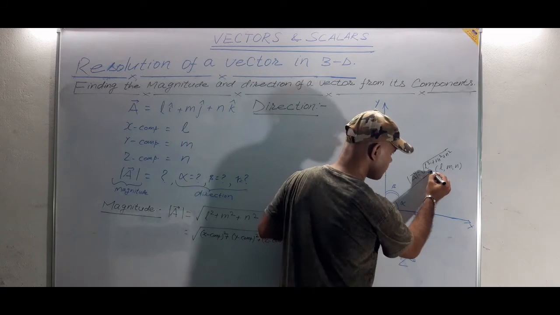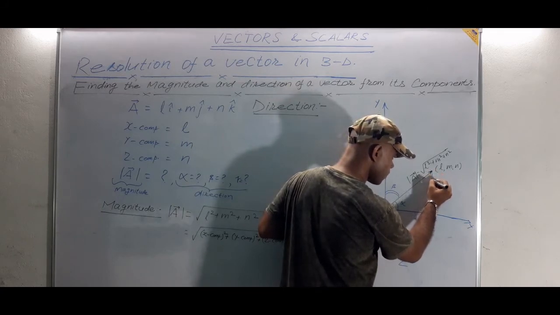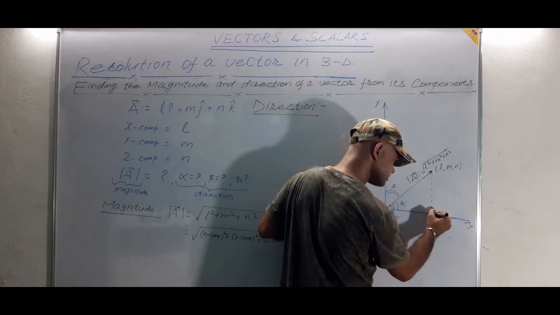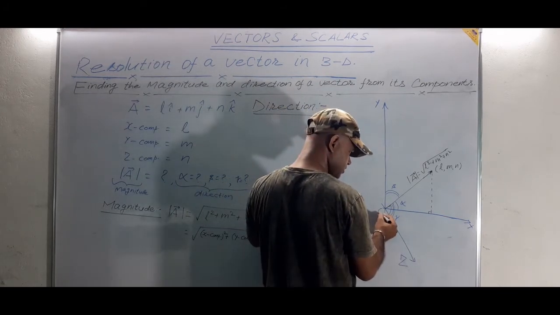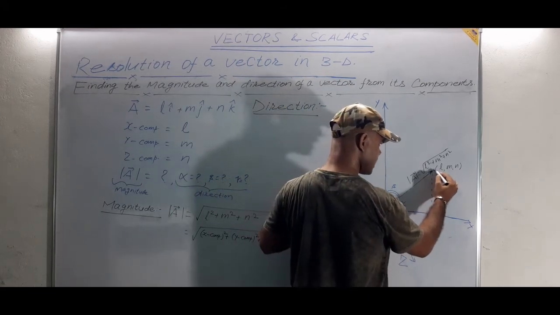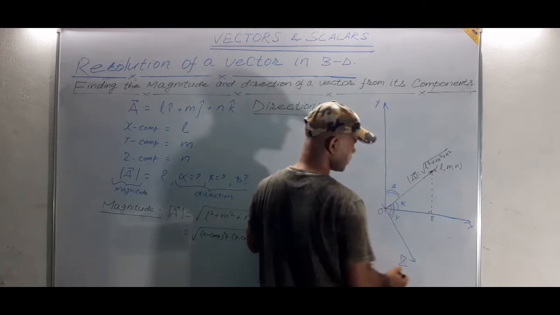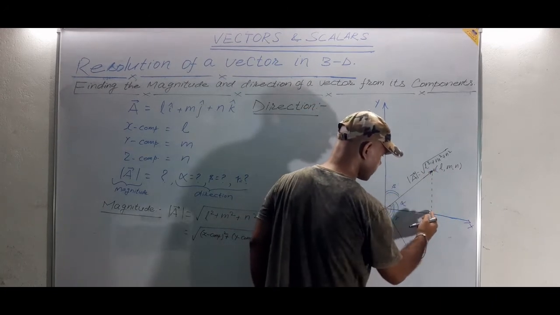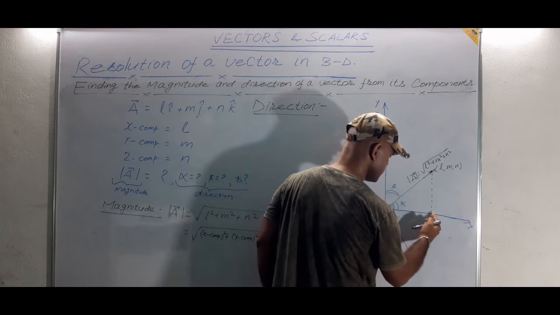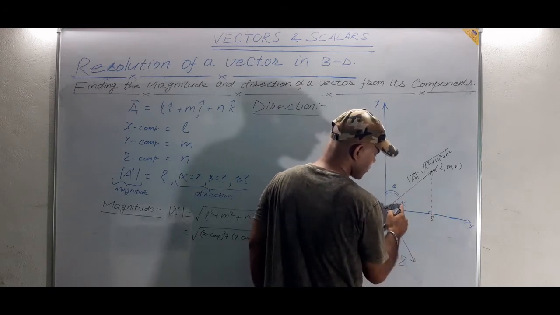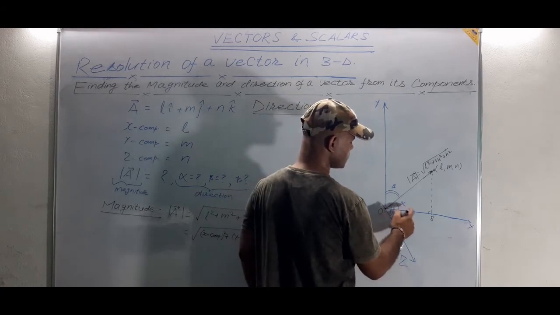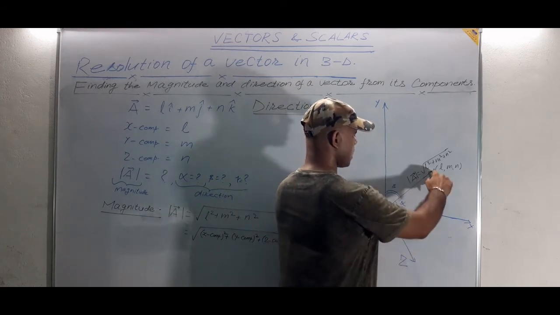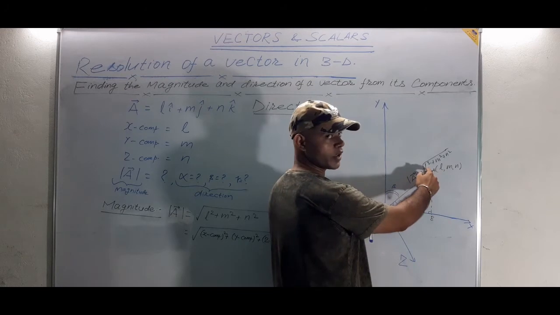So I am dropping a perpendicular from the head of the arrow onto the x-axis. Now let's name this O, this A and this B. So in this right angle triangle OAB, if we want to calculate alpha, we can simply write cos of alpha is base, that is OB, upon hypotenuse, that is OA.